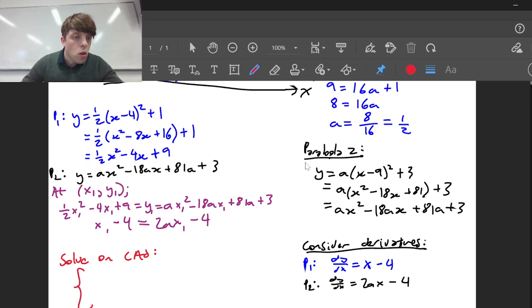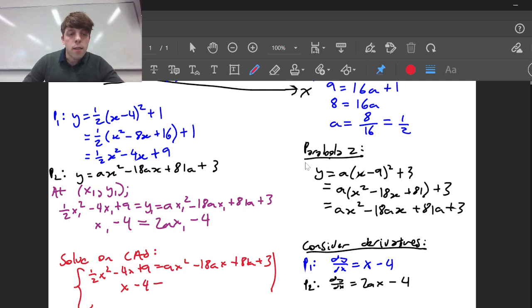We want to solve the first equation, where the two functions are equal, to figure out what a and x are, and we also want a value of x and a that satisfies our second equation, where the two derivatives are equal. We're solving this for a and x, so that is exactly what we would type into the CAS calculator.